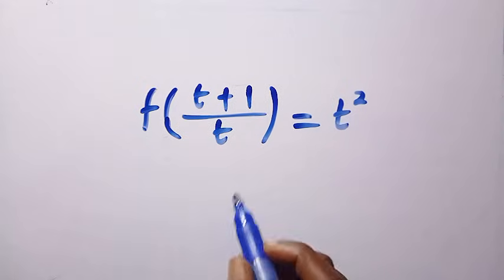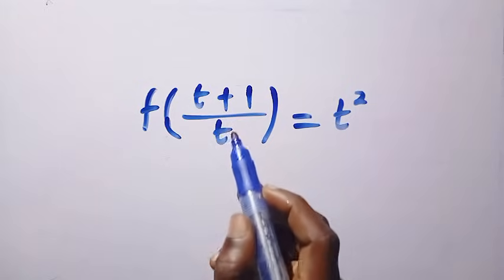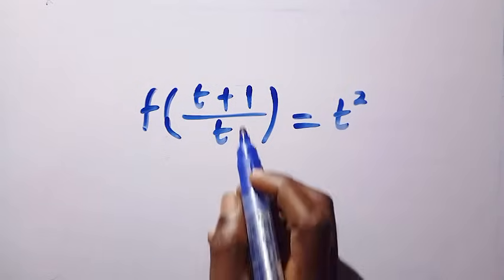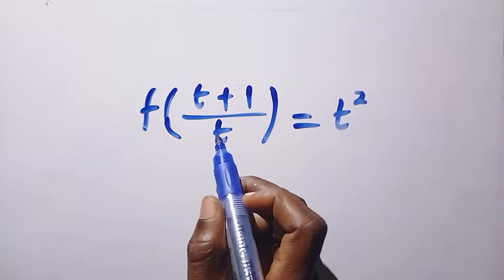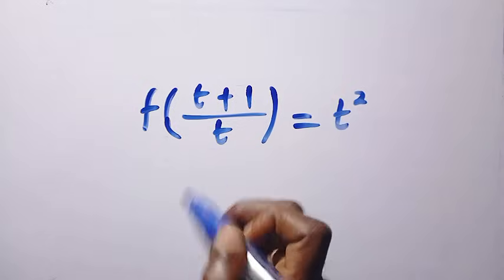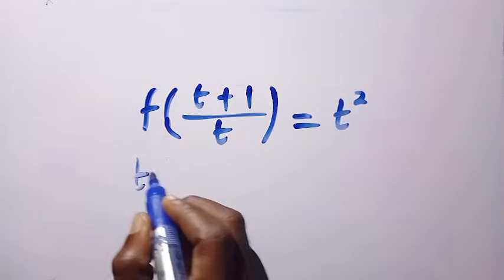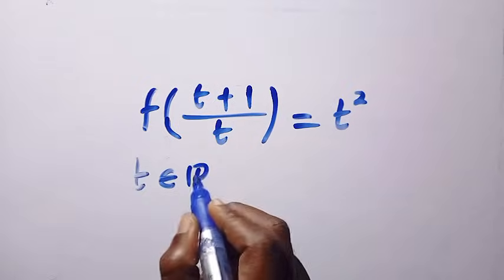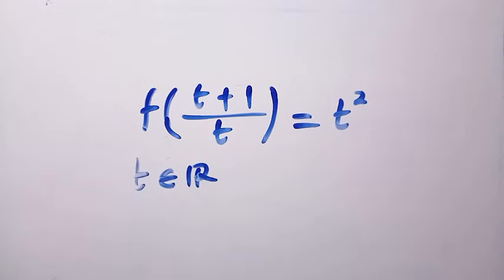But for this one, we have the rational expression, which shows that there must be conditions attached to it. We have t plus 1 divided by t. If I say our t here is a member of real numbers, not all real numbers will satisfy this because of this over t.